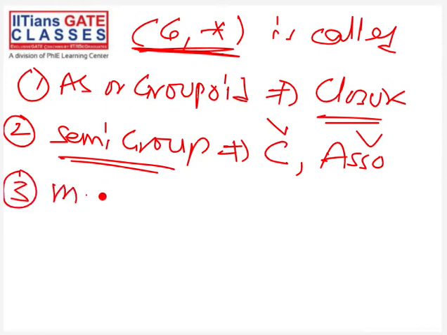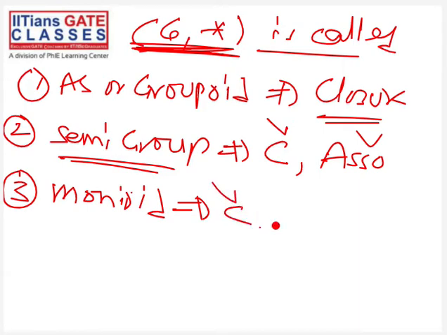Now the next thing is monoid. So this pair G comma star, this is called monoid if and only if closure property must satisfy, associative property also must satisfy, and identity element also must exist.